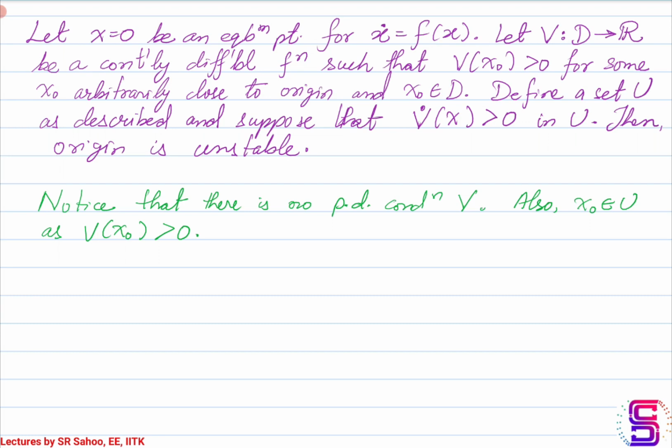Suppose you have the equilibrium point as origin, just find some point arbitrarily close to the origin, and then find a region that contains that initial point, and in that region, if you can show that V dot is positive, then the system will be unstable. That's it, and then you are done.